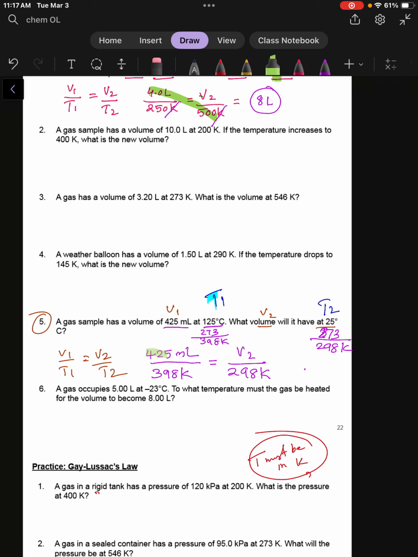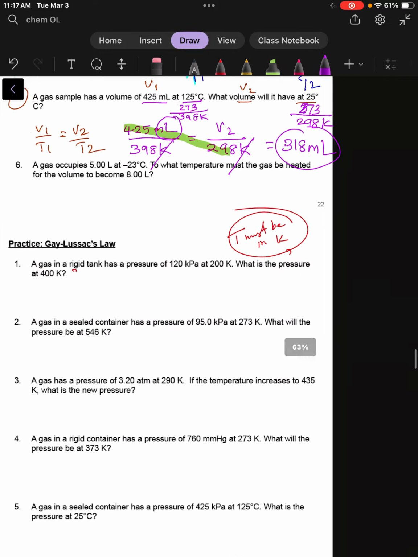Okay, now get your calculator and multiply these two, then divide with 398 and you will get the answer 318 and 3 sig, and it will be what? Not Kelvin, it is milliliter. That much milliliter, right? Because this Kelvin and Kelvin gone, then only unit remaining here is milliliter.